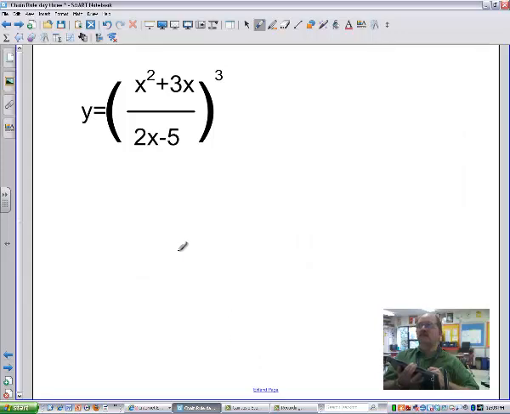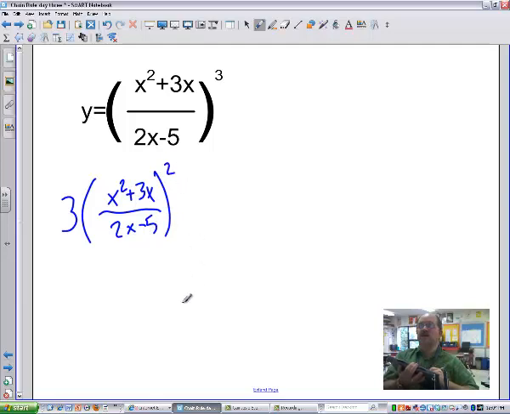Alright, so you want some help on this one. This is going to be a power rule and a quotient rule all wrapped up into one. And so if I grab a different color pen, just for fun, 3 times x squared plus 3x over 2x minus 5 squared, okay?